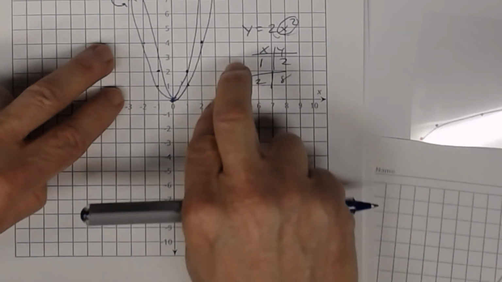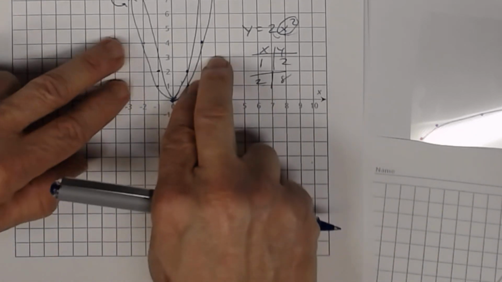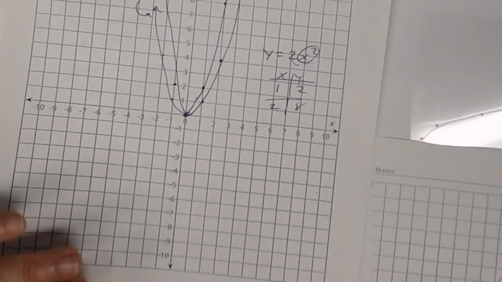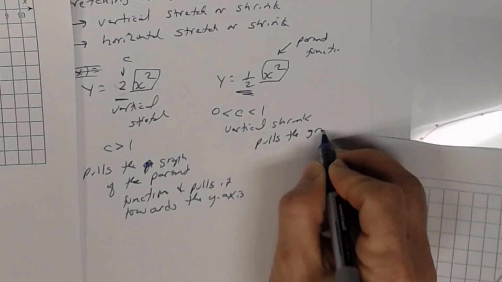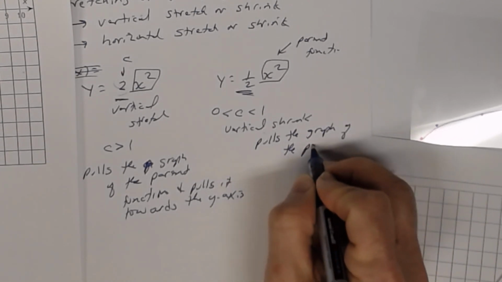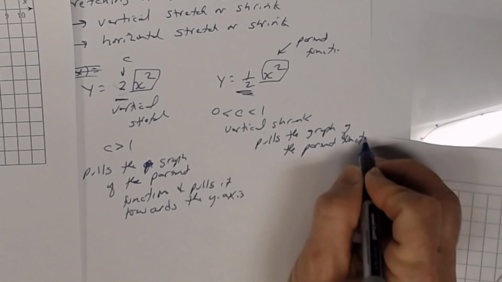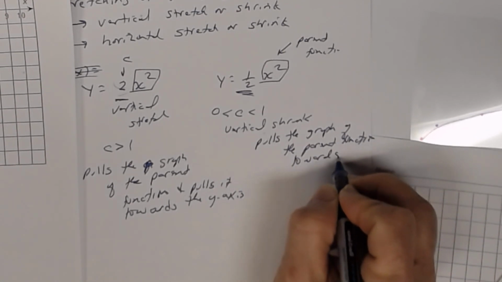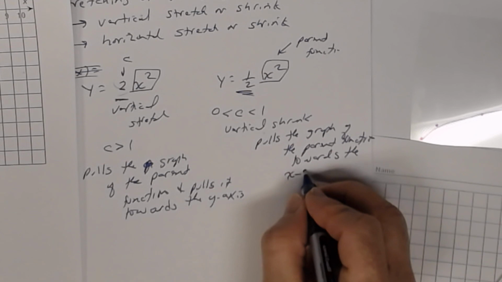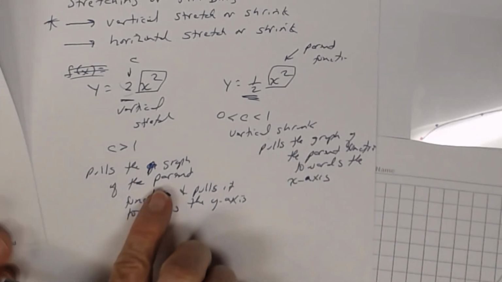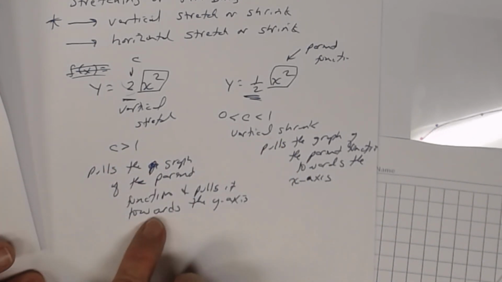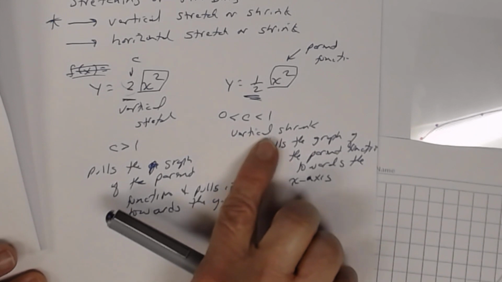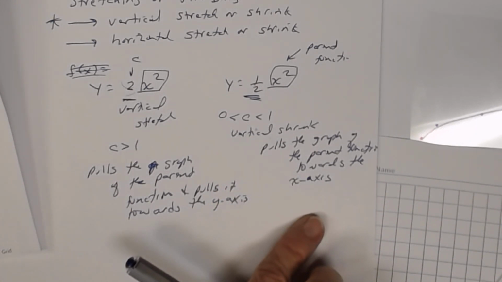For a vertical shrink, what's going to happen is that it's going to move it this way. So it's going to pull it towards the x-axis. A vertical shrink moves it towards the x-axis. Vertical stretch pulls it towards the y-axis. A vertical shrink pulls it towards the x-axis.